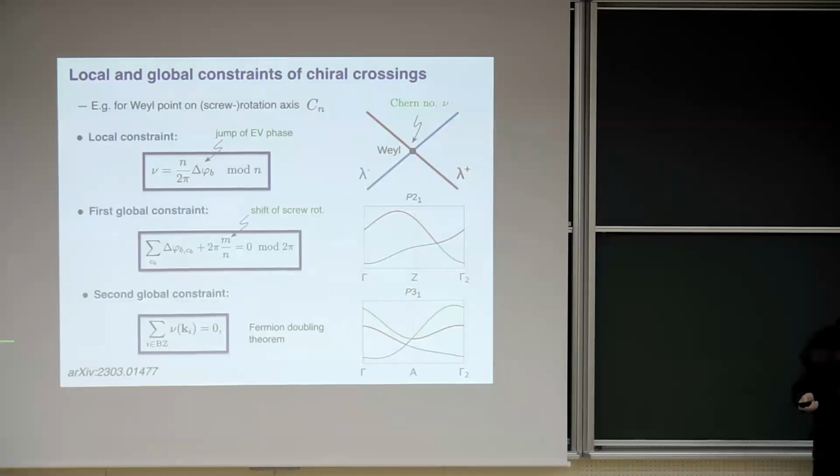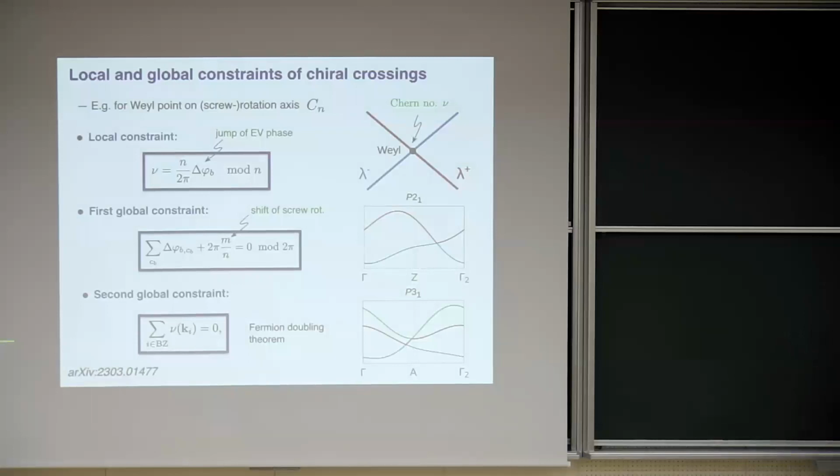This tells you something about, again, these phase jumps. But now we're going to look at the sum of these phase jumps on the rotation axis. And this global constraint tells you that if you sum these phase jumps up, you don't get 0, but you actually get this value here, which has something to do with the shift of the screw rotation symmetry. So these Weyl points, or in general these crossings, can be protected by a rotation symmetry, and this rotation symmetry can actually have a translation part.